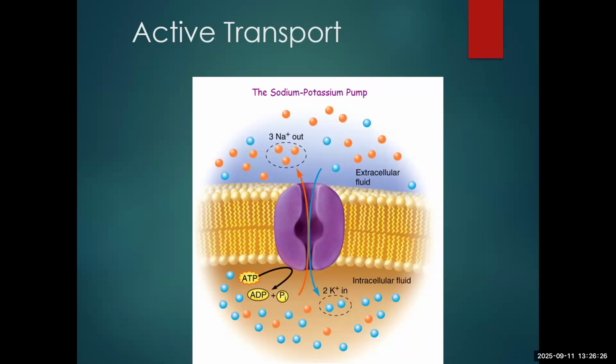If this is the cell, this is the plasma membrane. In terms of scale, that picture is representing a very small piece. And then what it's showing is the protein channel that extends through the membrane.